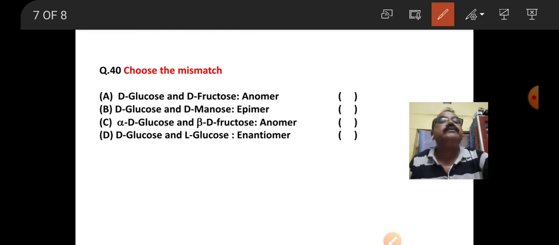Here the correct answer is A, that is D-glucose and D-fructose anomer, because D-glucose and D-fructose are constitutional isomers.